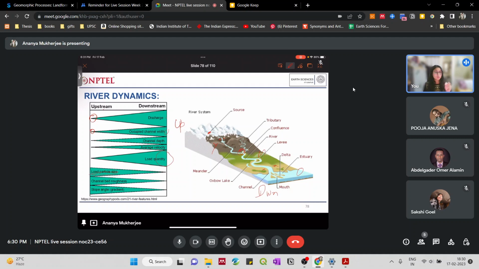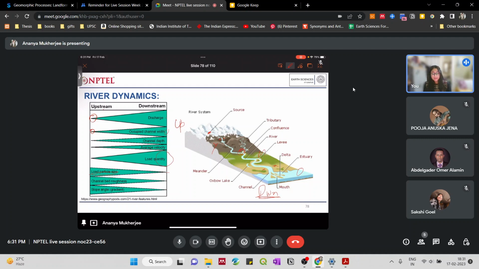More load quantity, but that increasing load is of finer materials or finer sediments like clay and silt. These make up most of the sediment load in the downstream regions, so the particle size decreases when the river is flowing downstream.